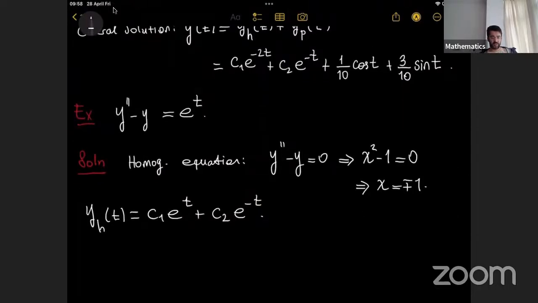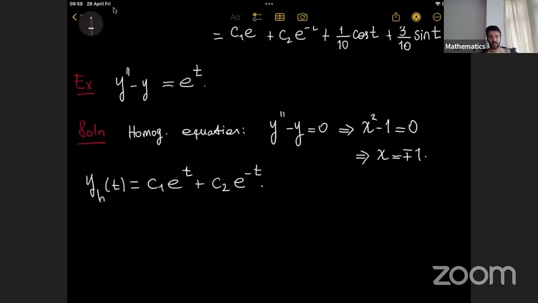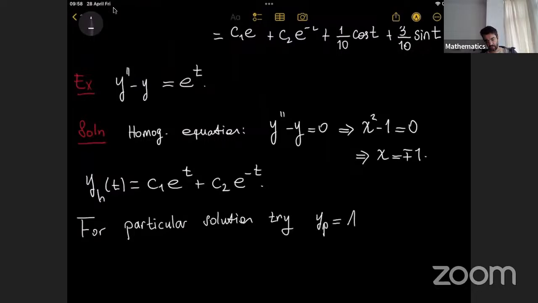For particular solution, you may try a times e to the t, right? Try yp is equal to a times e to the t. But the problem is e to the t is already the solution of homogeneous part.